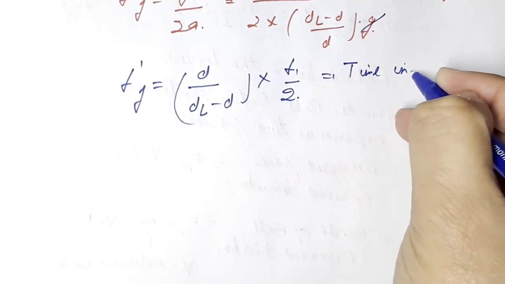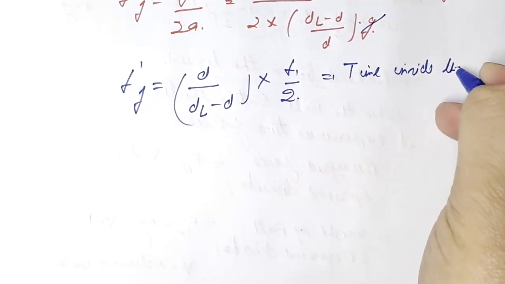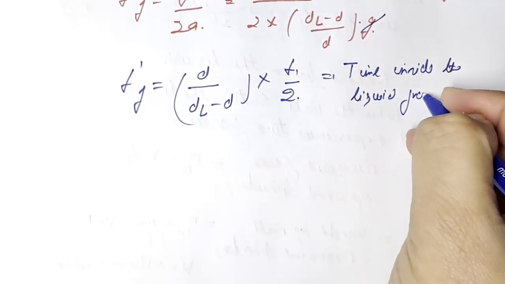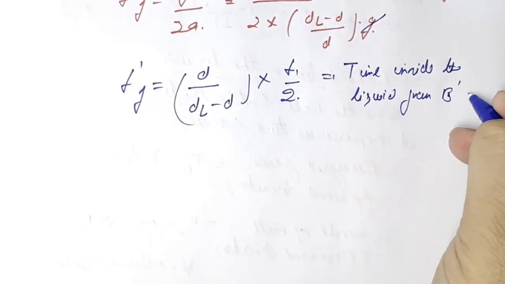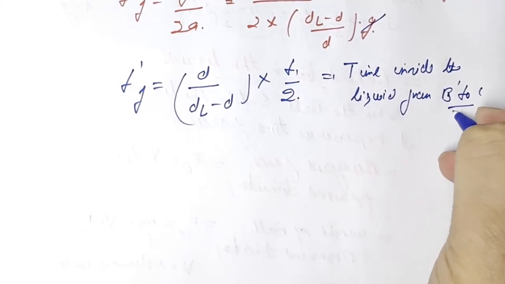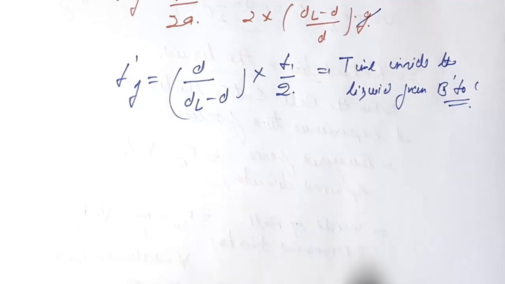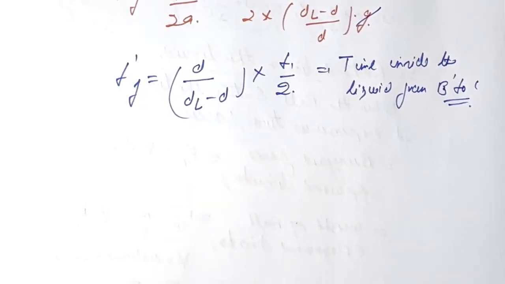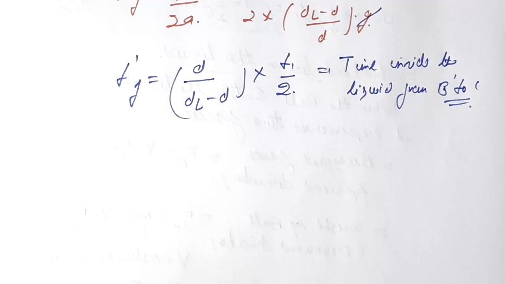Time inside the liquid from B prime to C. This is only from one side, the deceleration mode. Now we find out the time taken to go from C to B prime.